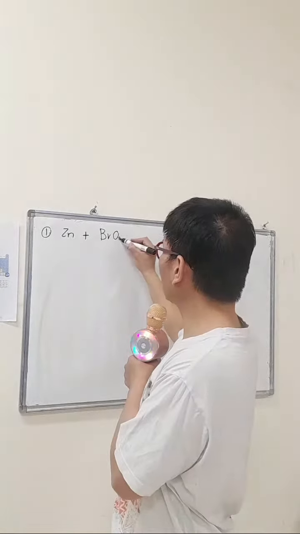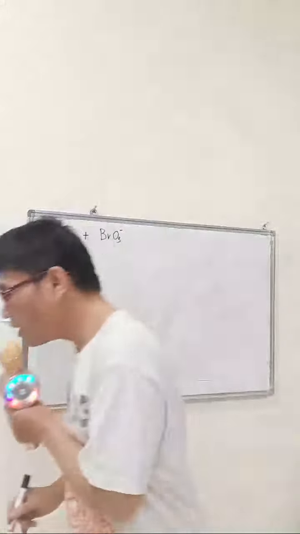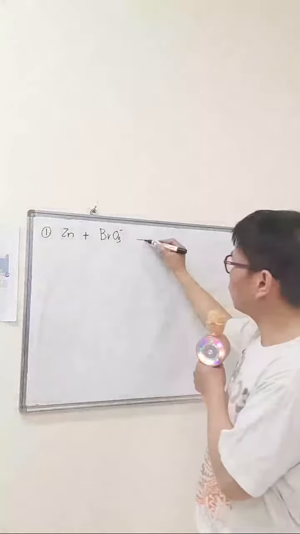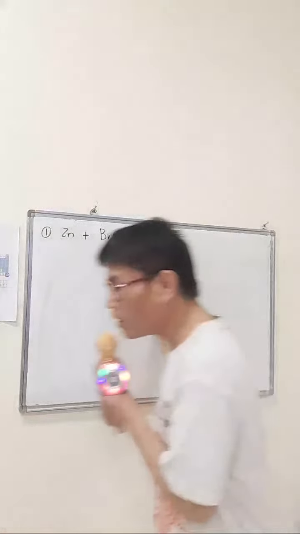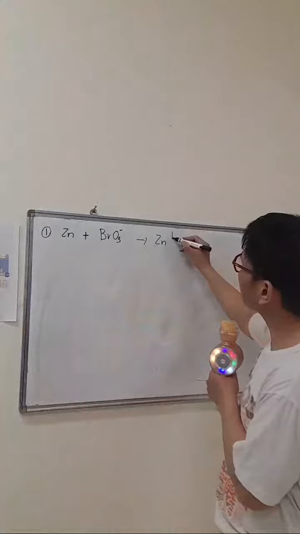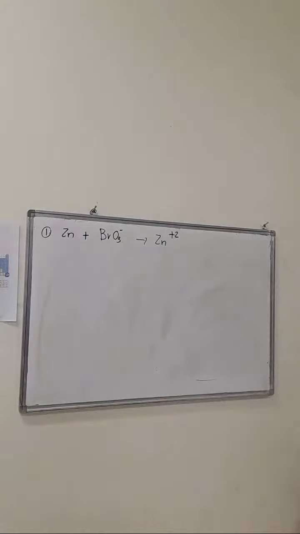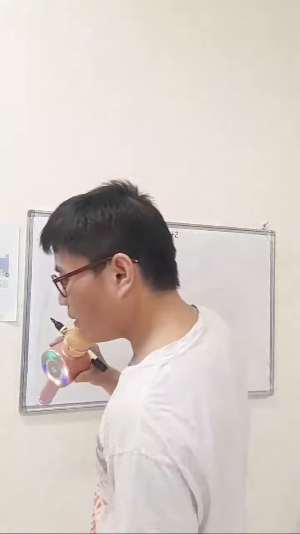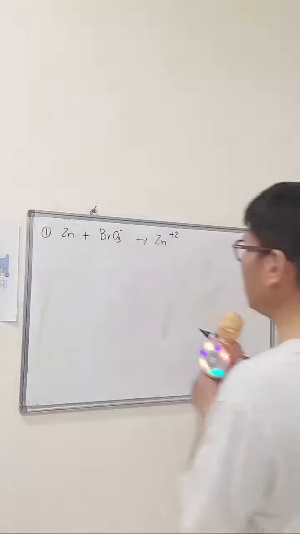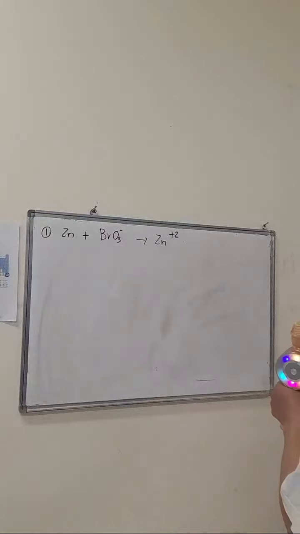Bromate of -1 equals zinc +2. Okay. So it looks simpler, but we still don't know the oxidation states. Now, determine them the same way as we did before.